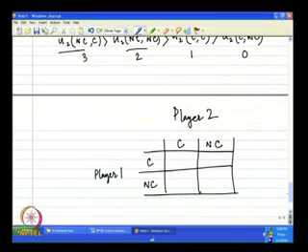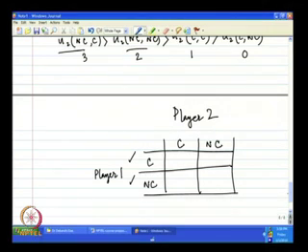What it means is that when I wrote player 1 on the left hand side just beside the rows, it means that player 1 is choosing the row. He can choose either the first row or the second row, and each row stands for an action. Since player 1 has 2 actions to choose from, C and NC, here the rows are called C and NC.